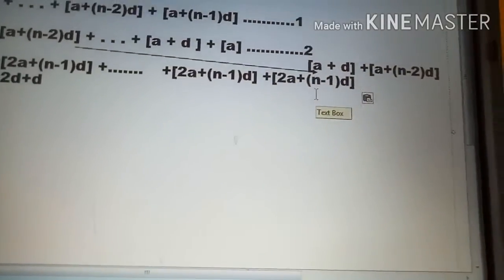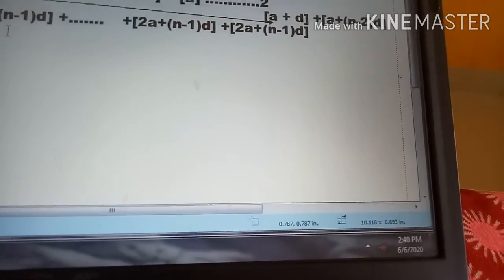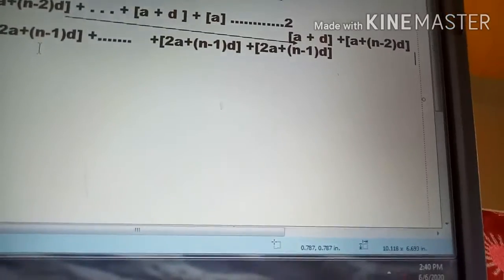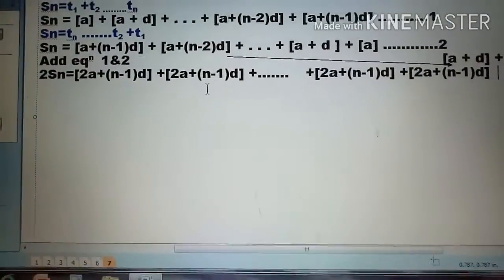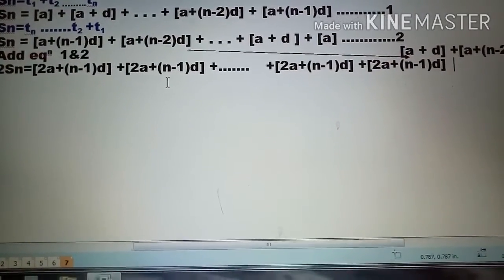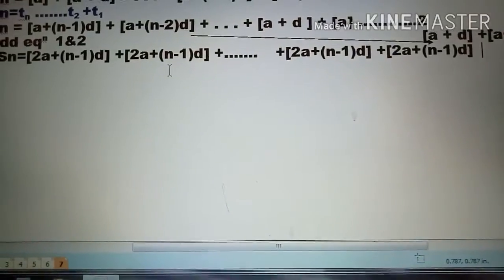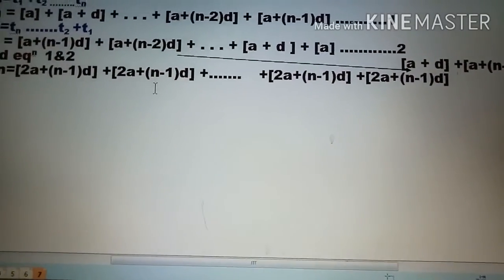So like this it comes. So now see, the equation which occurred: 2Sn is equal to 2a plus n minus 1 d, plus 2a plus n minus 1 d, plus and so on, plus 2a plus n minus 1 d, like this.